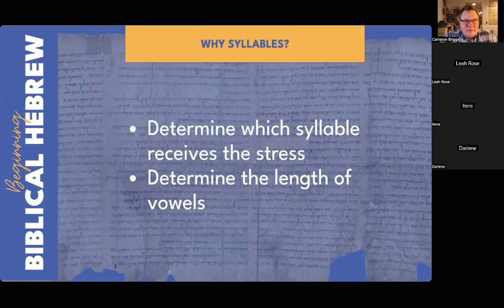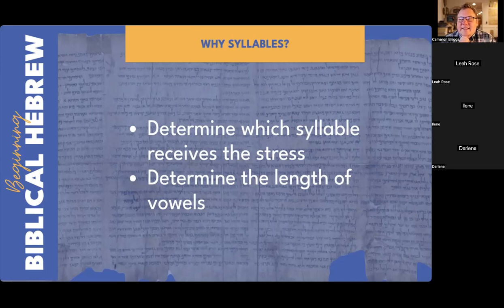And so it's the same with Hebrew. If you're putting the stress in the wrong places, people aren't going to know what you're talking about. They might not even know anyway. And so we want to give ourselves the best shot that we can.